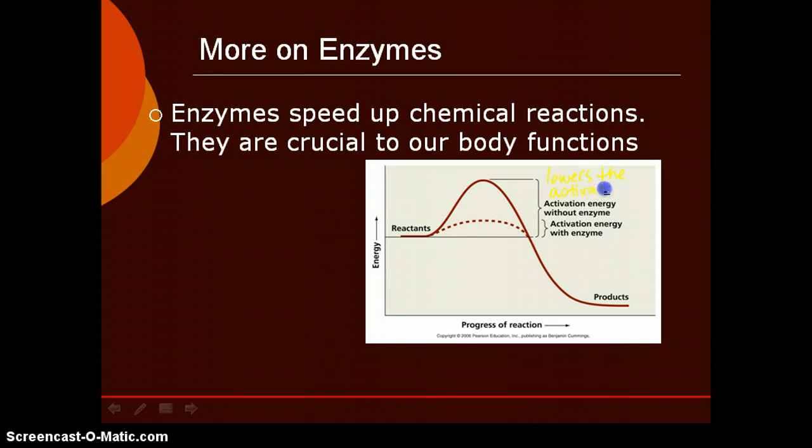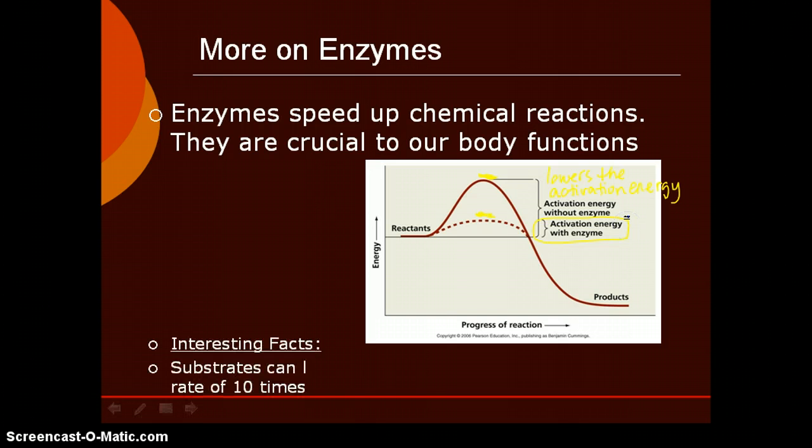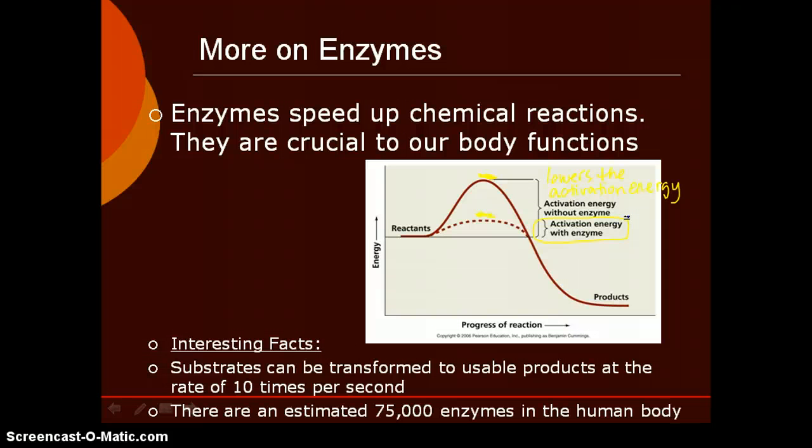So normally this is showing what a reaction might need as far as the amount of energy, and normally it might need this much energy, which is called our activation energy, but with the enzyme we only need this much energy, and that is the key part. It speeds up the reaction. This can happen at a rate of 10 times per second, and there's an estimated 75,000 enzymes in the human body.